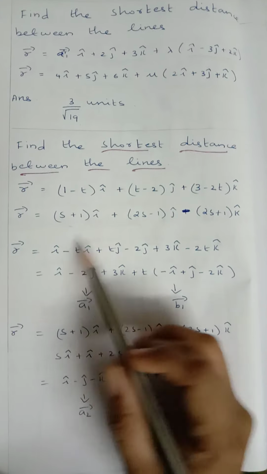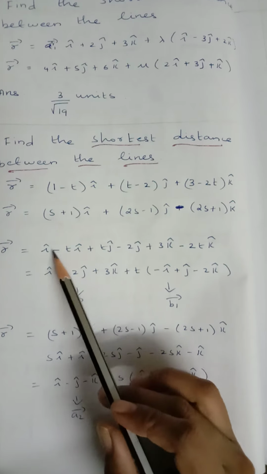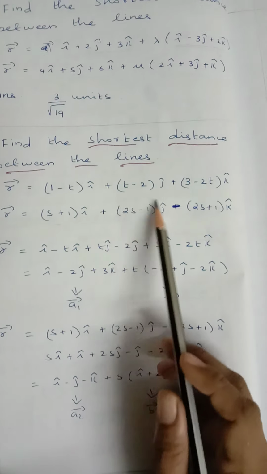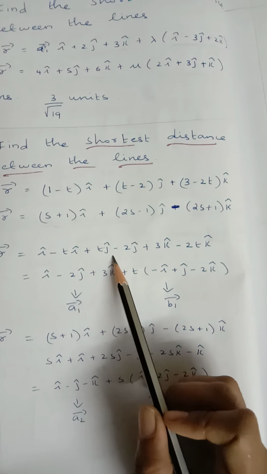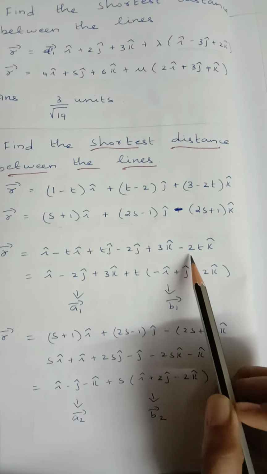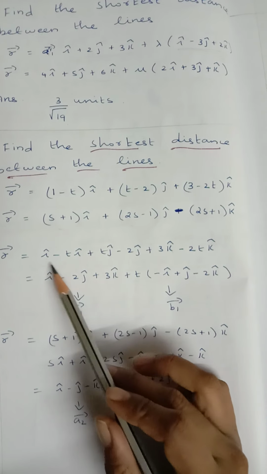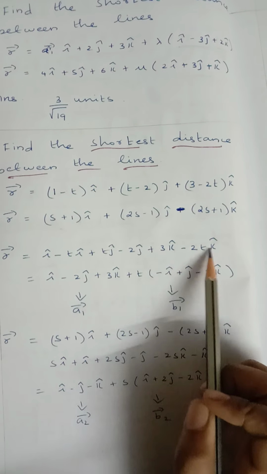So first what we should do here, you multiply this i inside. So i minus ti. Then tj minus 2j. If I multiply k inside, 3k minus 2tk. So now you can separate i, j, k.